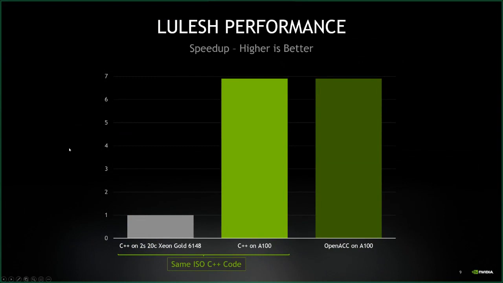I do also compare here to OpenACC. The way that developers have been programming accelerated systems for half a decade now in a performance portable way has been with OpenACC. So if we're going to talk about a new method, which we think is the future, we do need to compare it to the existing methodology. And so you can see here in this case, we're actually keeping up with OpenACC.